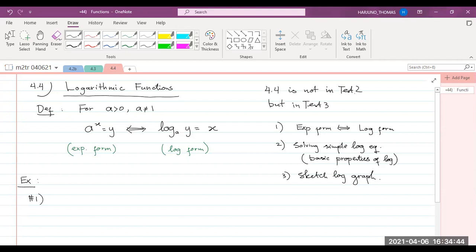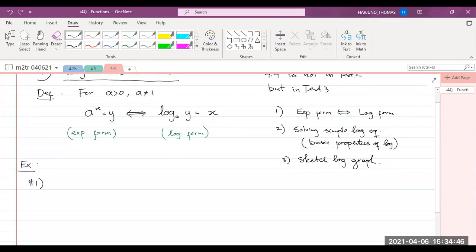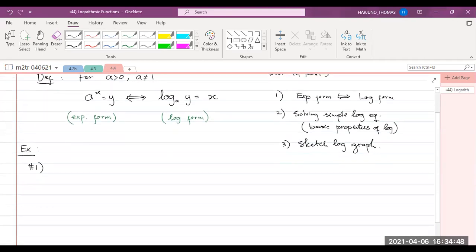Nothing really hard from exponential form to logarithmic form, from logarithmic form to exponential form. Trust me, it's very easy. If you find it to be hard, then you must be thinking way too hard. Okay, please think simple. I'm not saying that you need to be smart. No, it's learning a pattern.